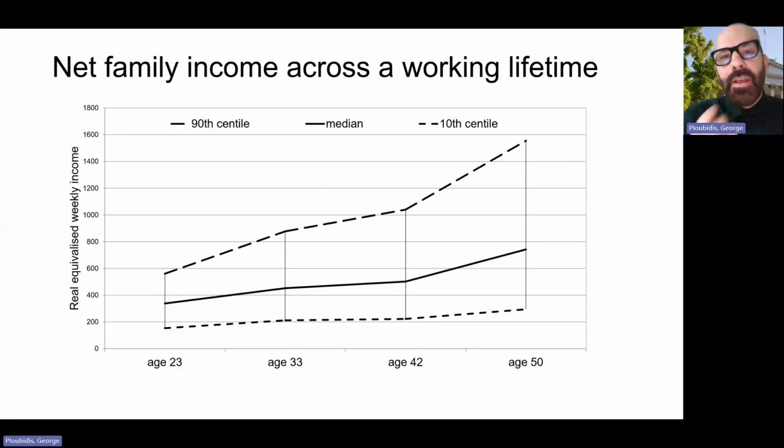And to give you an example, this is net family income across a working life in one of our cohorts, born in 1958. This is the median, and then you see the 90th centile and the 10th centile. And you will see there how inequality expands across the life course. And this is quite important because, generally speaking, aiming for healthy longevity in the 21st century, reducing or eliminating health inequalities is one of the necessary conditions.